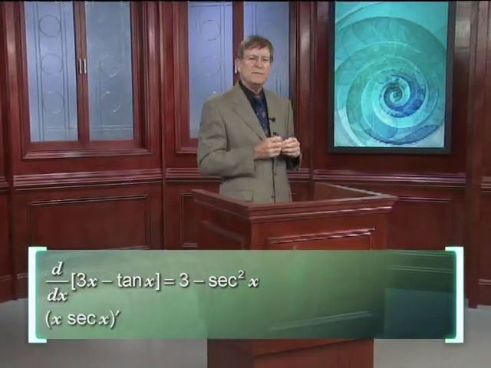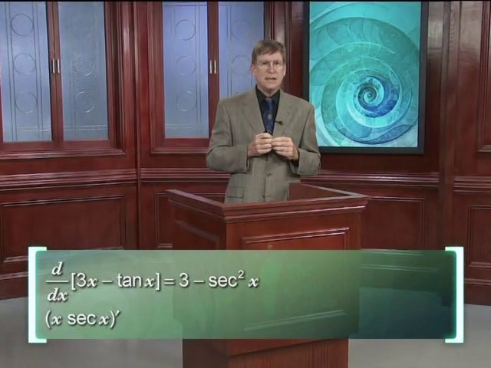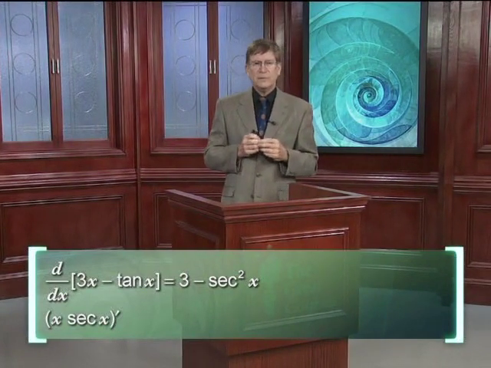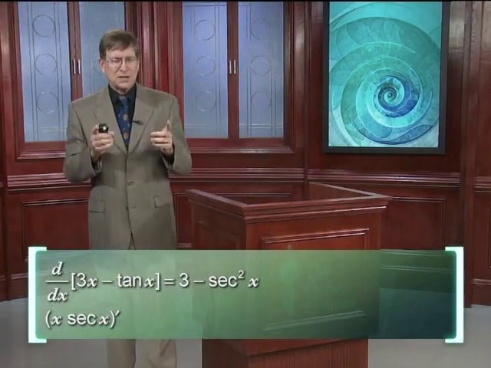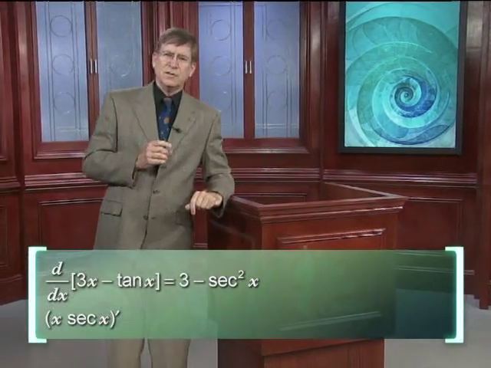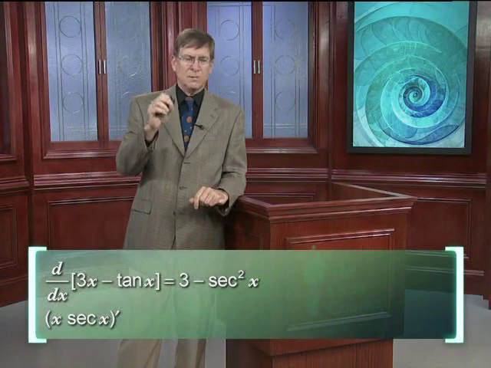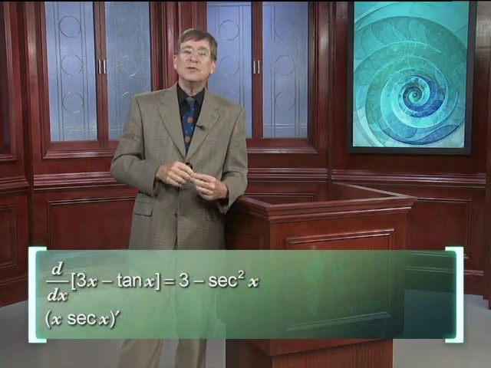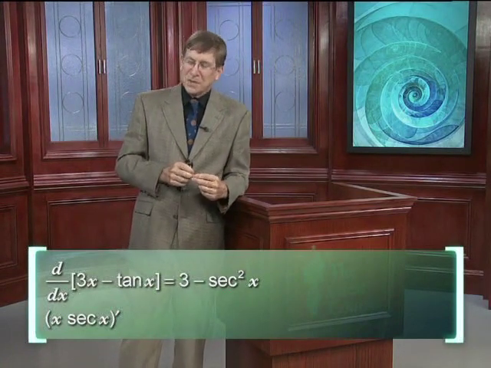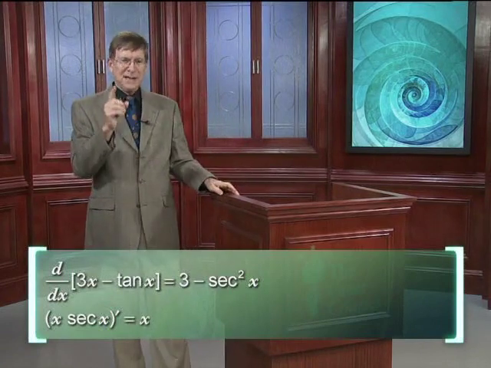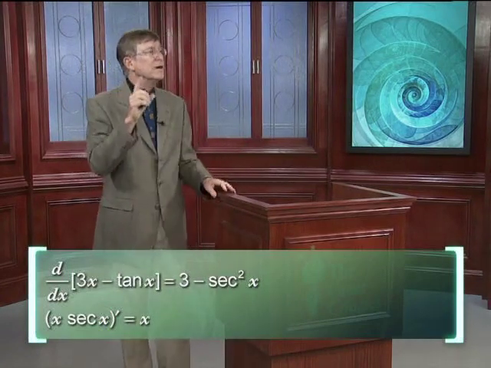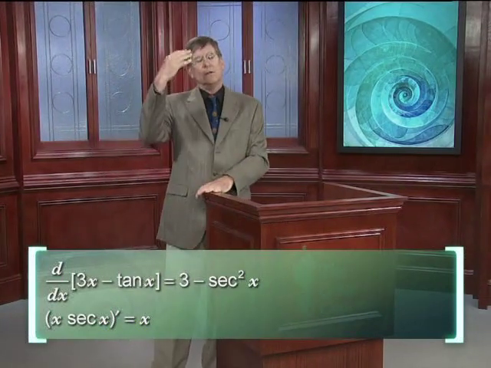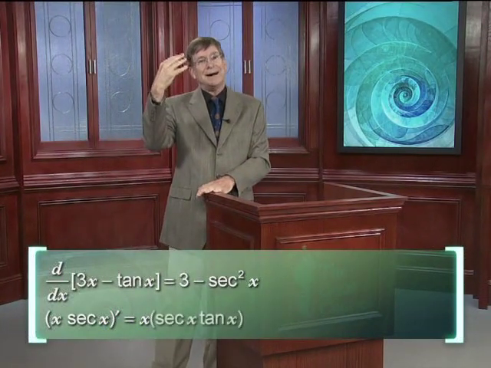How about the derivative of x secant x? Well, I hope you recognize that that's a product of 2 functions, isn't it? It's x times secant x. So I have to use the product rule. So here we go. It's the first function, x, times the derivative of the second function. What's the derivative of secant?